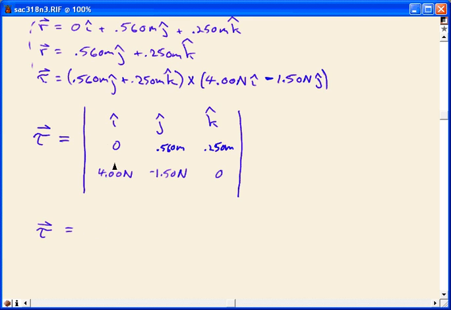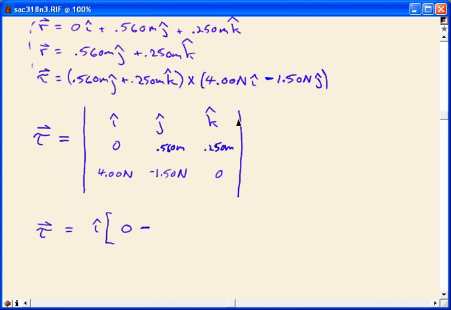So I've got i times positive down and to the right, which will just be 0 in this case. This times that is going to be 0 by inspection. And then minus down and to the left. I've got to continue over here, as if there was another ijk written out there.